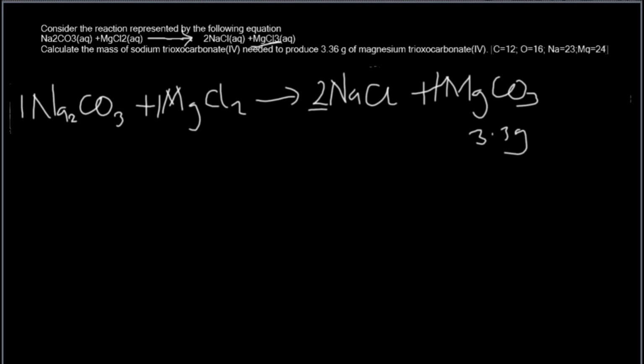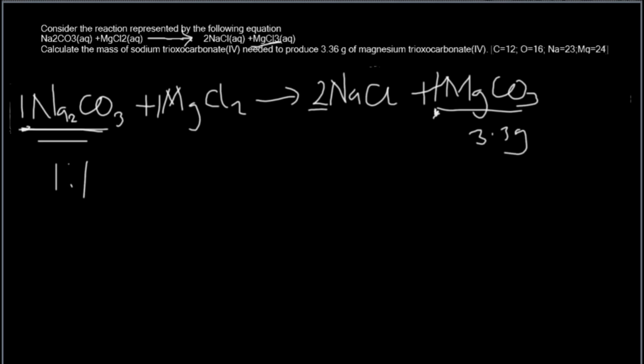We need the mass of this, but they've given us the mass of this. If you compare the moles of this and that, you see that they have the same moles. So we call them mole ratio. So the mole ratio for MgCO3 and Na2CO3 is 1 is to 1.